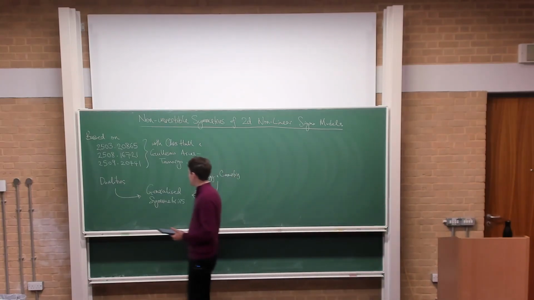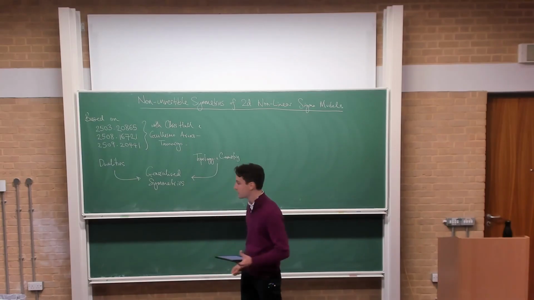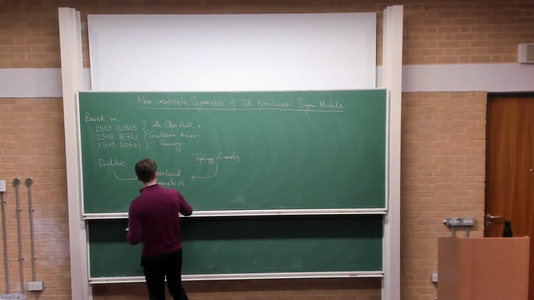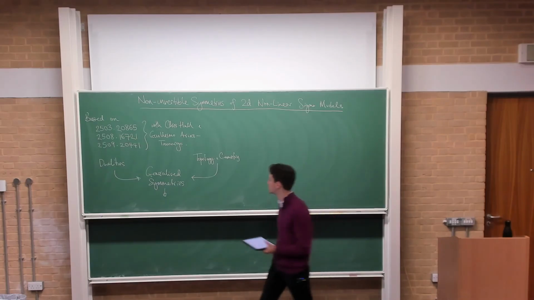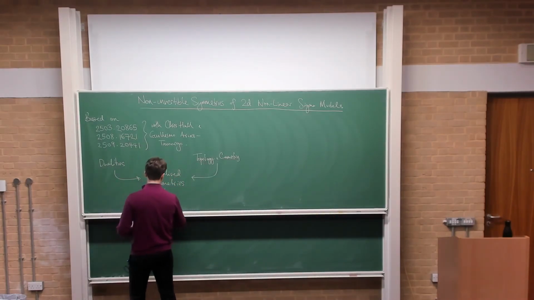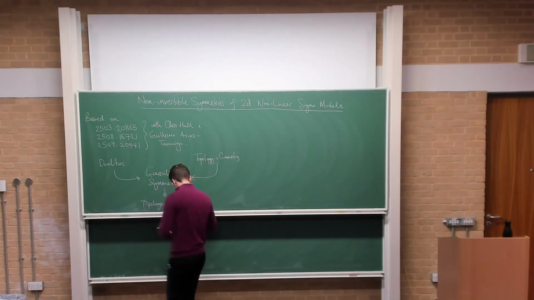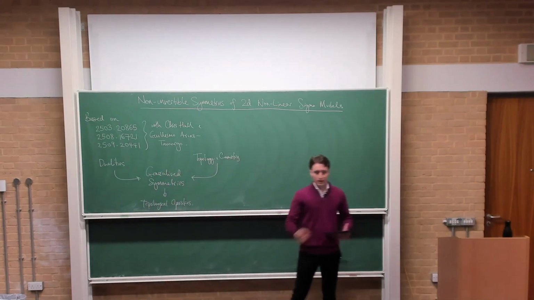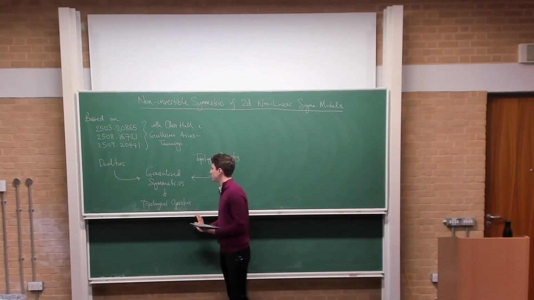So what we've learned in the past decade or so is that a fruitful way to think about symmetries is, instead of thinking about the transformations of fields that we would traditionally consider, to think about topological operators. So with an aim to being pedagogical, I'll briefly make some remarks about generalized symmetries.